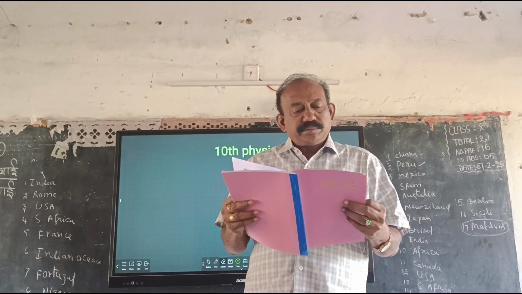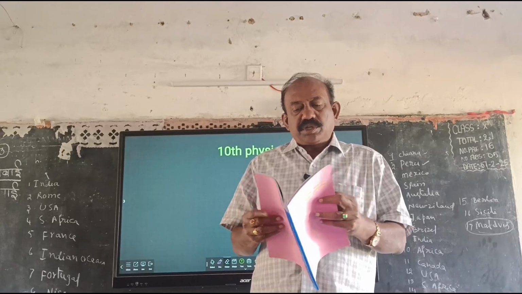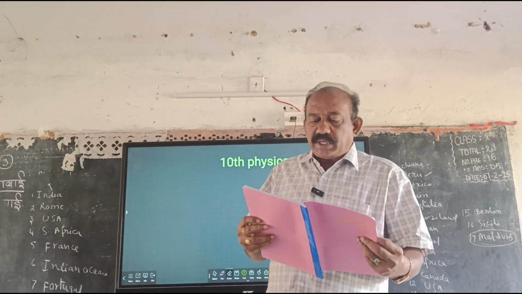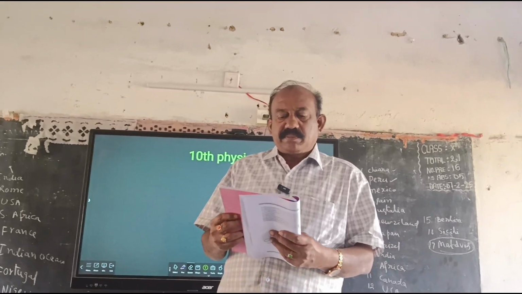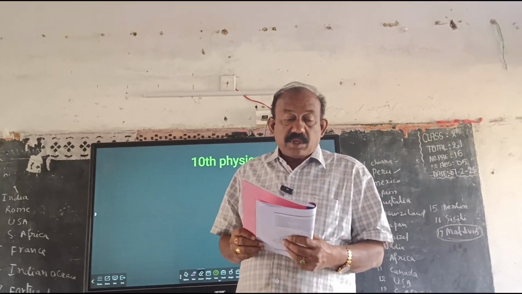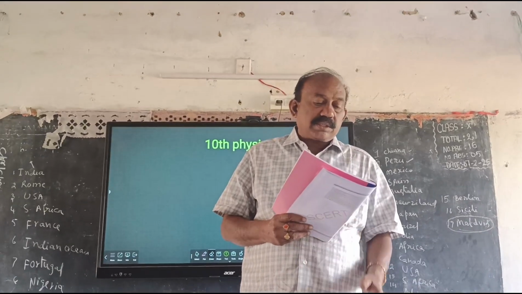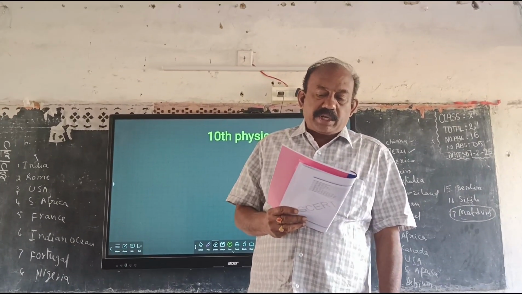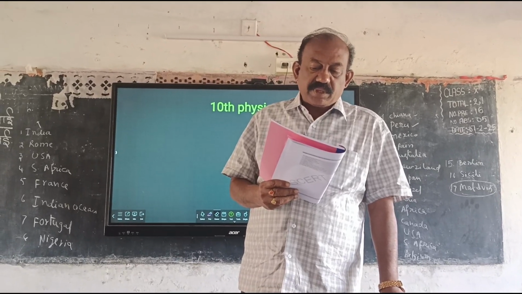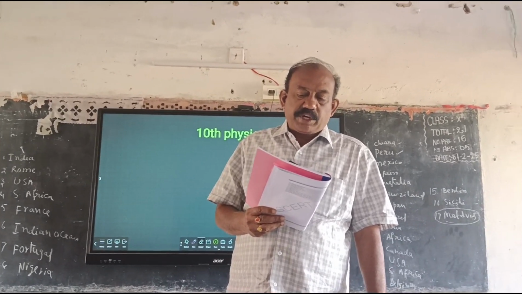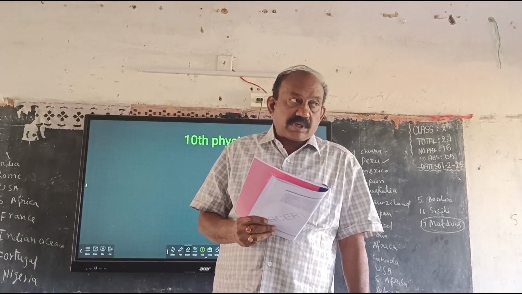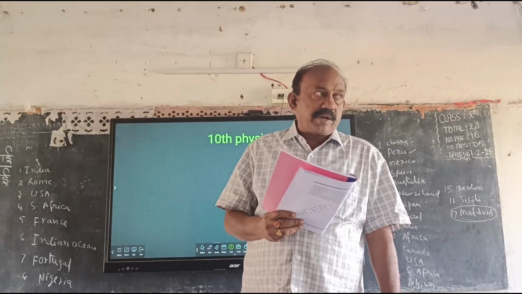Next one is third chapter. In third chapter, metals and non-metals. They are also possible to ask one 8 marks question, that is, explain the experimental procedure to investigate the conditions under which iron rusts, or suggest an activity to prove that the presence of air and water are essential for corrosion.